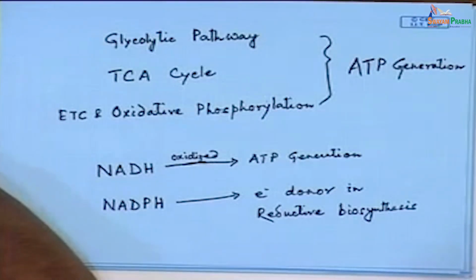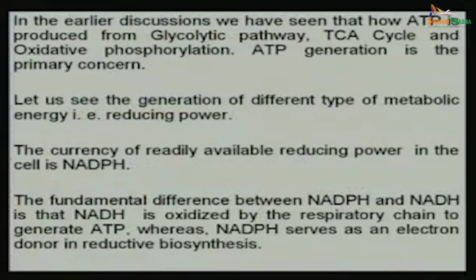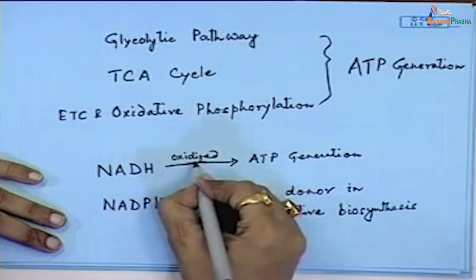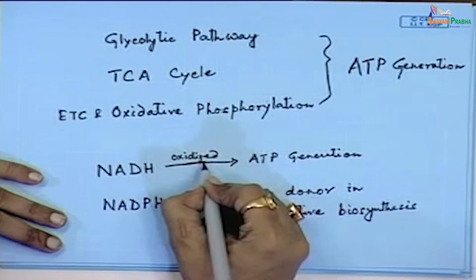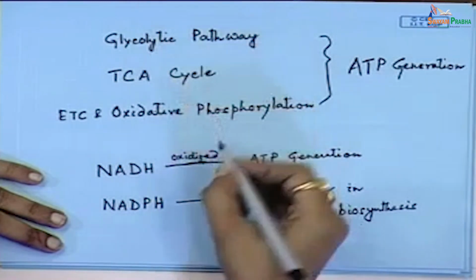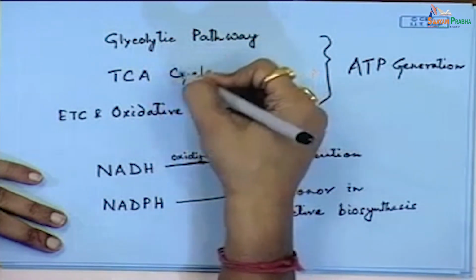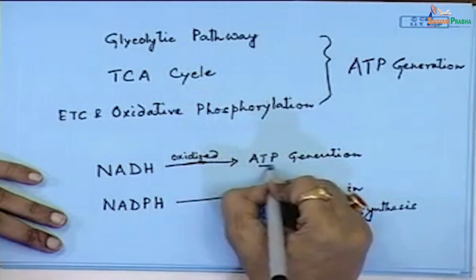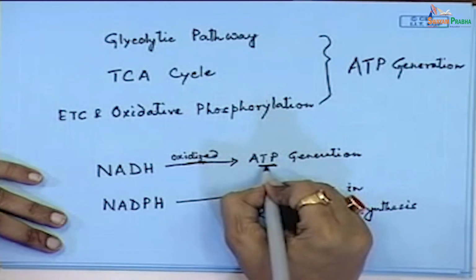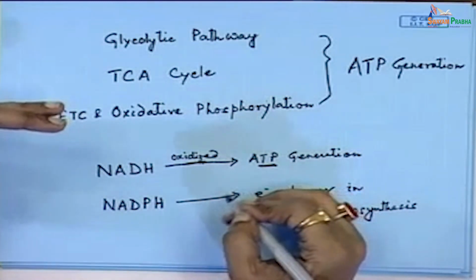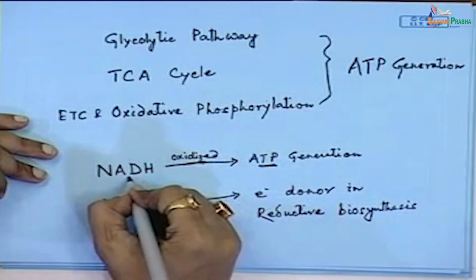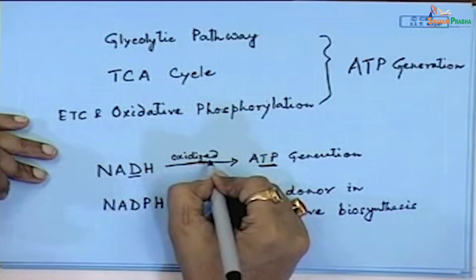If we see this difference between NADH and NADPH, we can find that when NADH is getting oxidized in the earlier processes, that cellular respiratory process, ATP is generated. That means the cell is getting ATP when NADH is getting oxidized.